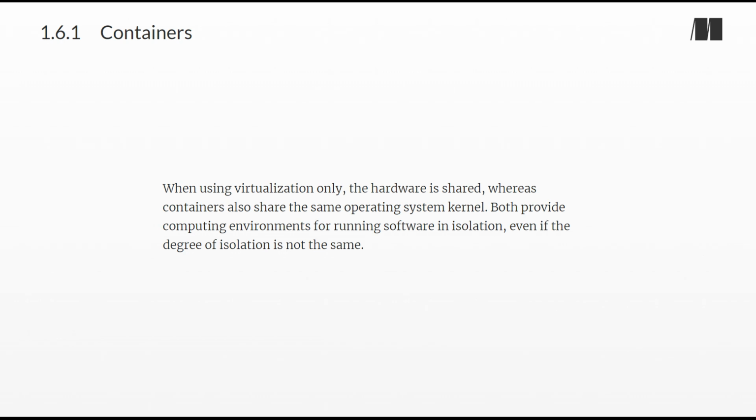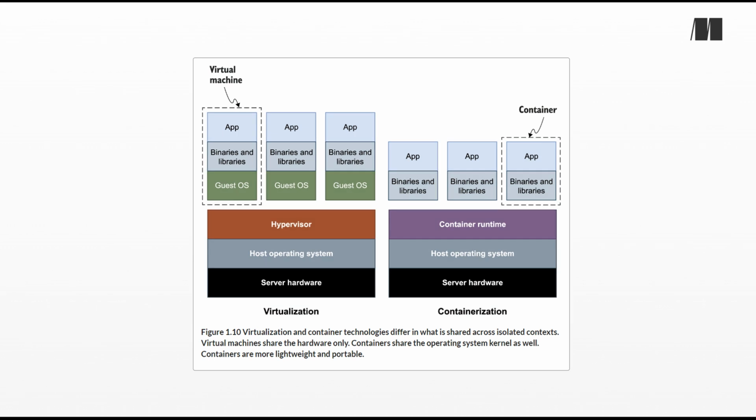Note: when using virtualization only, the hardware is shared, whereas containers also share the same operating system kernel. Both provide computing environments for running software in isolation, even if the degree of isolation is not the same. Figure 1.10 shows the difference between virtualization and container technologies.